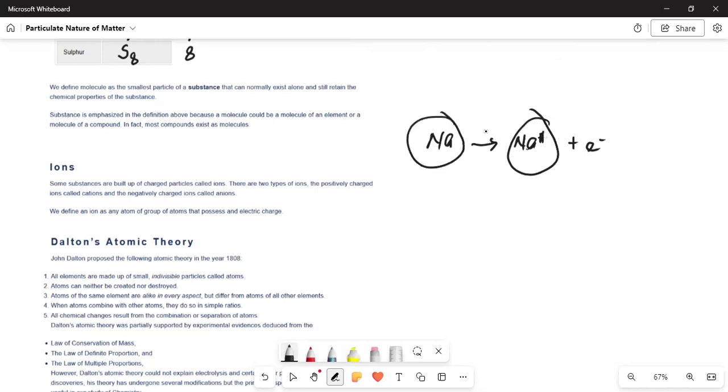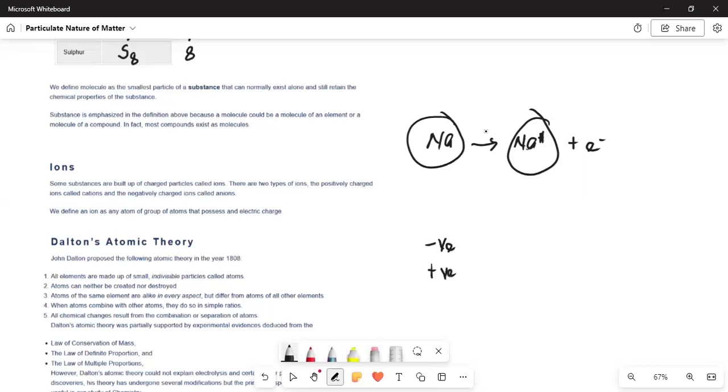Sodium in its neutral state is neutral because the number of electrons is equal to the number of protons. Recall that electrons are negatively charged while protons are positively charged. And in any atom, the number of electrons is always equal to the number of protons. And so the charge is cancelled out for a neutral atom.